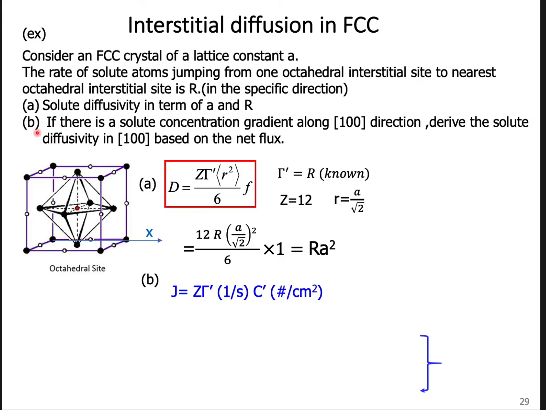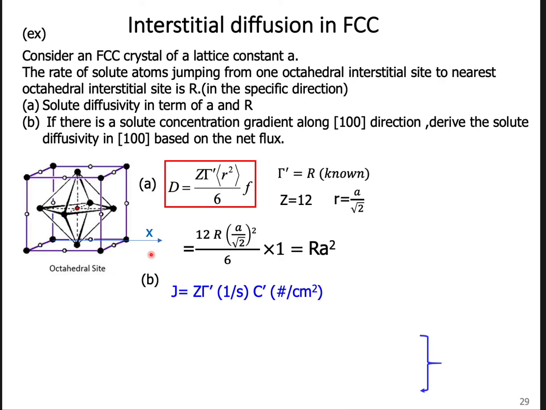That's the answer. And question B is, if there's an absolute concentration gradient along the 1, 0, 0 direction, derive the absolute diffusivity in 1, 0, 0 based on the net flux. So the concentration gradient implies that there's a net flux along the 1, 0, 0 direction.